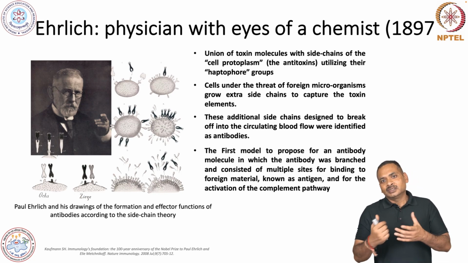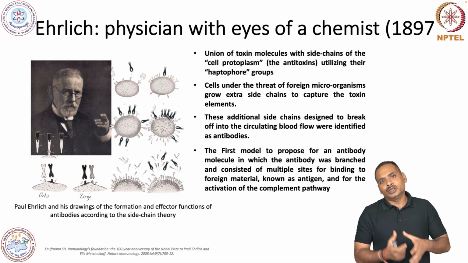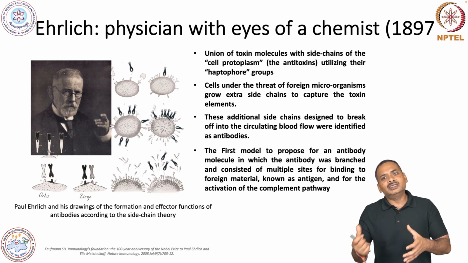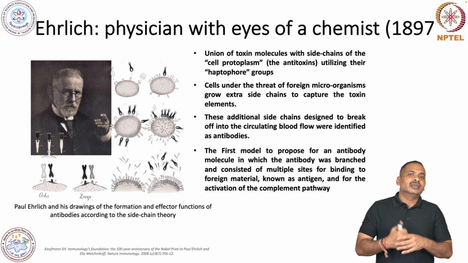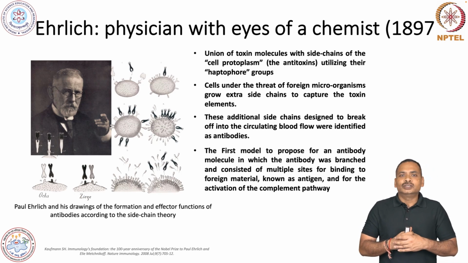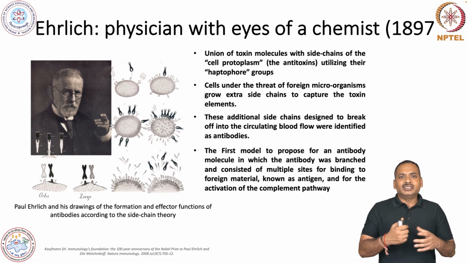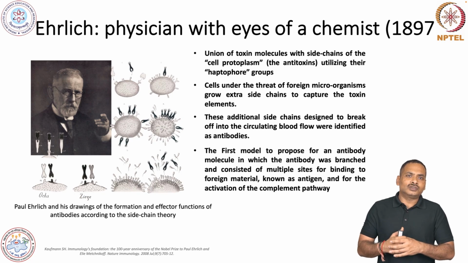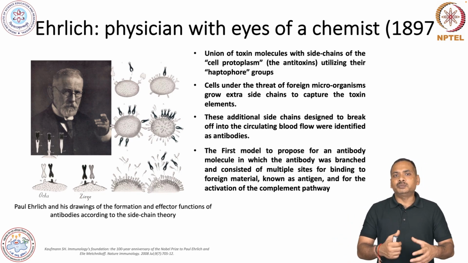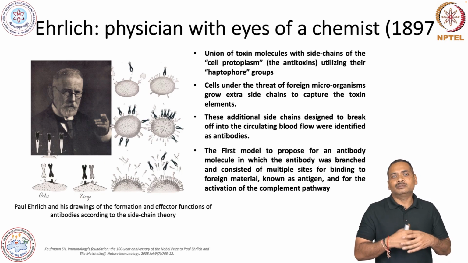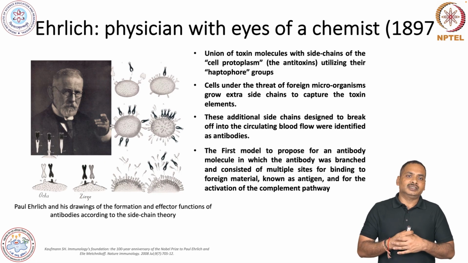Now we know that this molecule is expressed, binds with the antigen and eliminates it, and in addition it is also used for the activation of complement. So these were two schools of thought, and several people supported this because in their observations they found similar things.